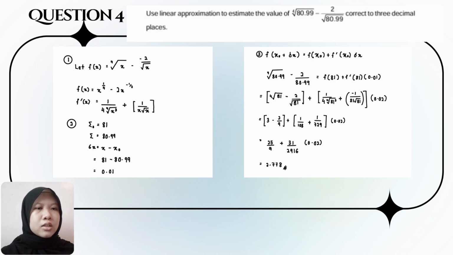We can get delta x from x minus x naught, and we get 0.01.